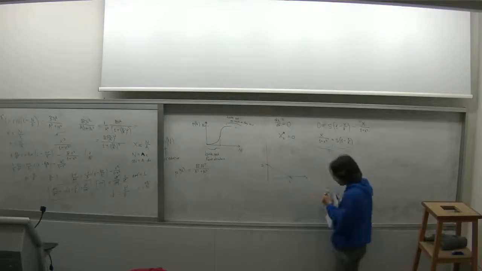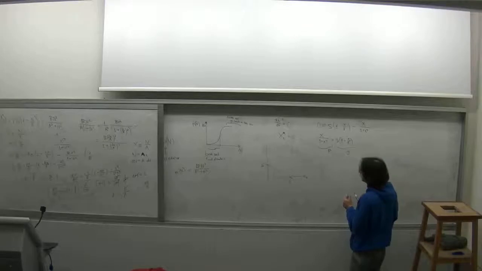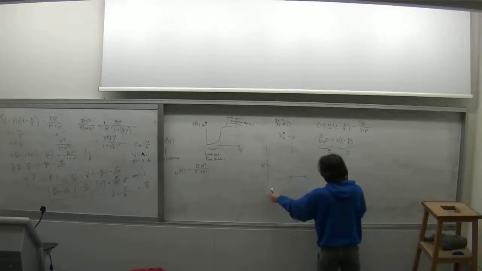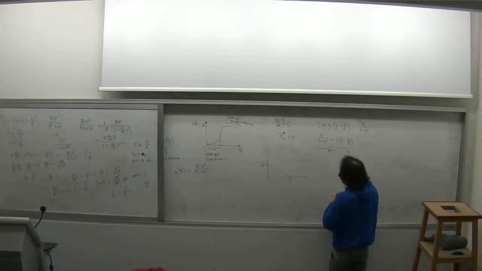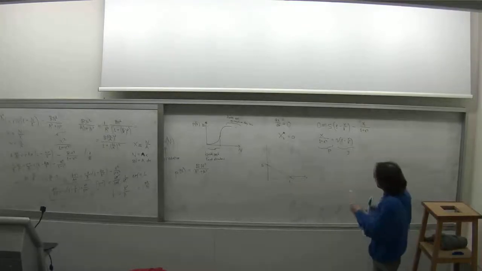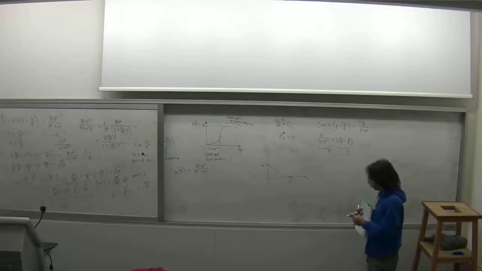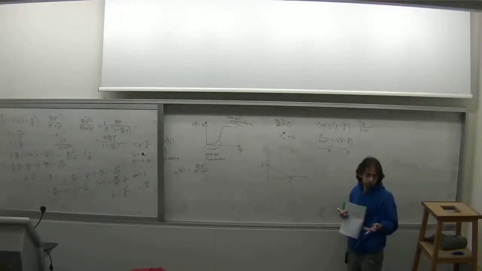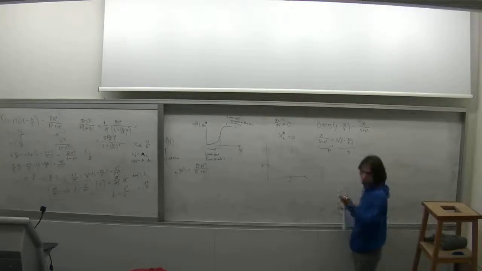These ranges don't interest us because x is a population. It can't be negative. Maybe this range might interest us. So x over 1 plus x squared. To draw this, you will check what happens when x is very small and when x is very big.